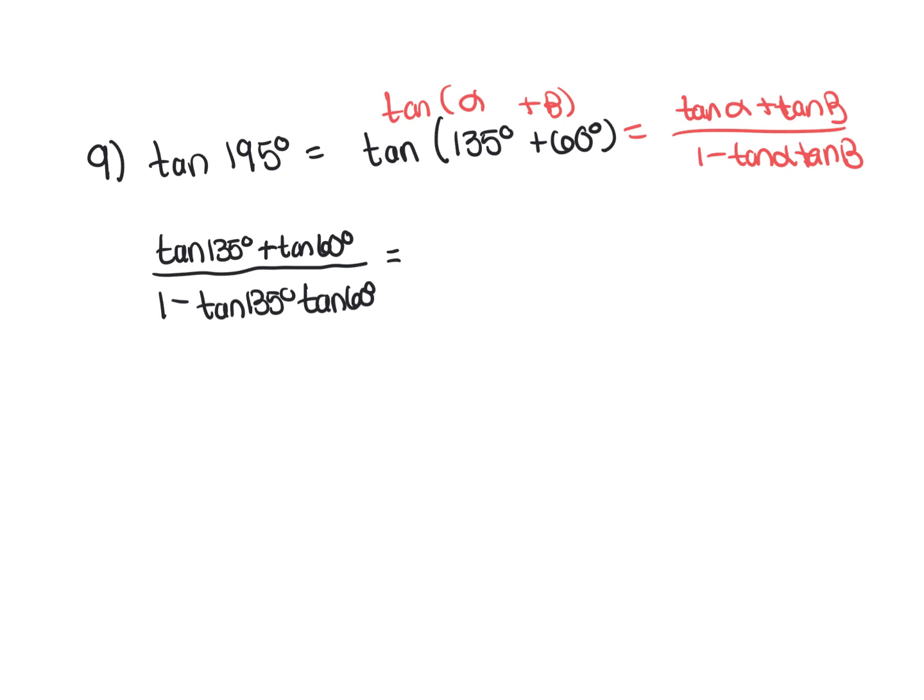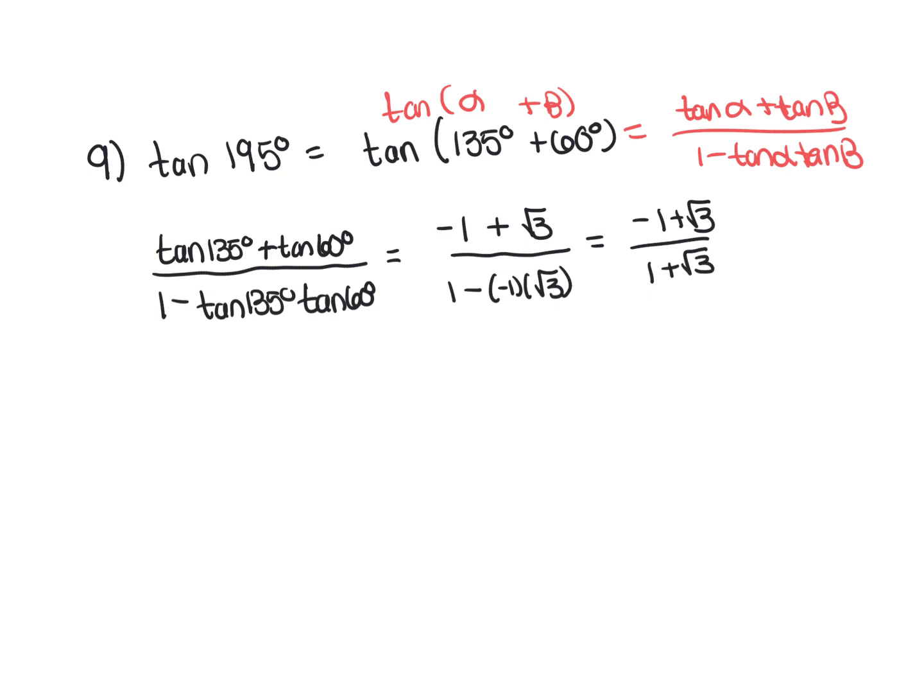It's not being given to you, and you will lose so many points if you don't know your circle. So please make sure you know it. So tangent of 135 degrees is -1, plus tangent of 60 is root 3, over 1 minus -1 times root 3.